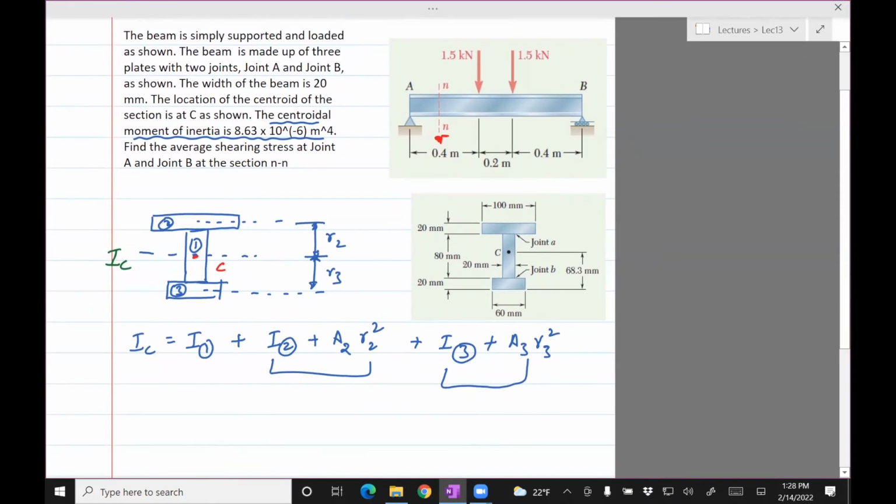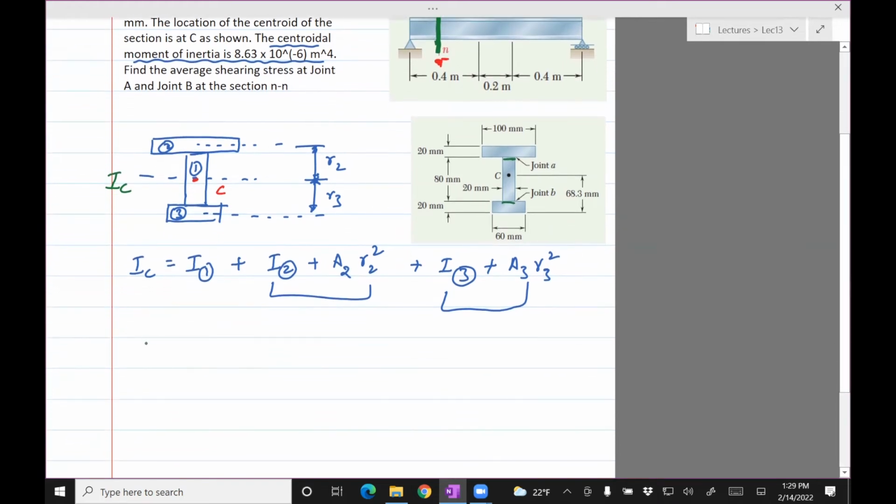Okay, so let's proceed to solve it. Clearly, this is a problem involving shear stresses. We need to find the stresses here, but at this section. So what does the section have to do with finding the stresses? We need to find the shear force, V. Unless we find the shear force, we can't use the formula VQ divided by IB.